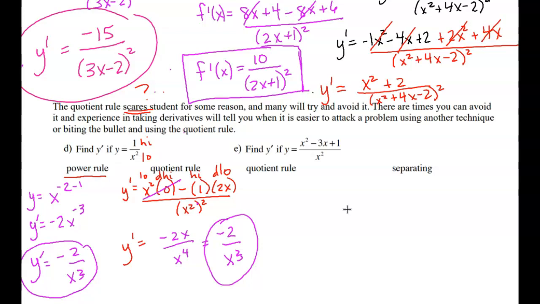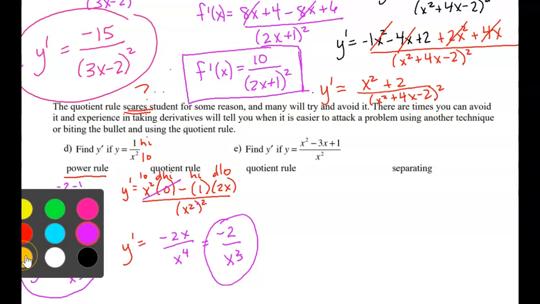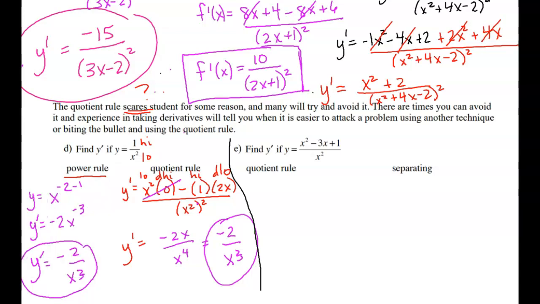Same thing with here. So let's say I do a quotient rule. So I get y prime is low, and then d high, we got a power rule, another power rule, nothing, minus high, and then d low is 2x, all over low squared.